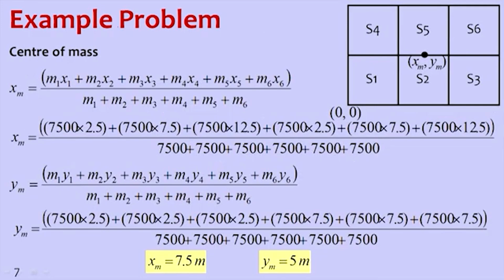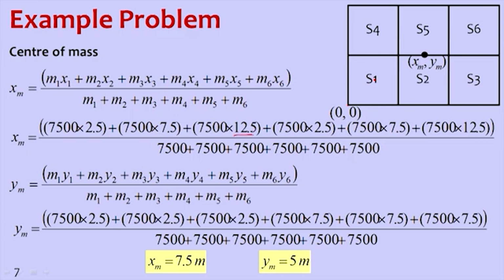So in calculating the center of mass, we have calculated the distance from the origin to the center of each slab. So there we calculate 7500 as the mass of one slab, and x1 is 2.5, plus m2 x2, which is 7500 into 7.5, plus m3 x3, 7500 into 12.5.